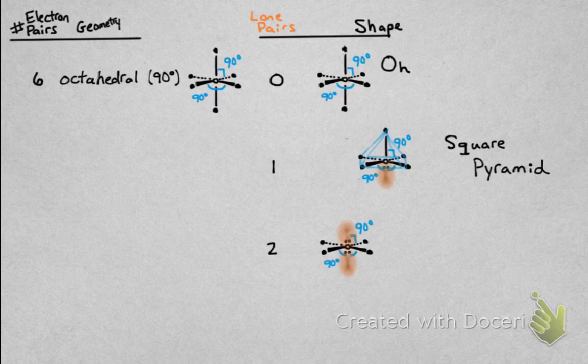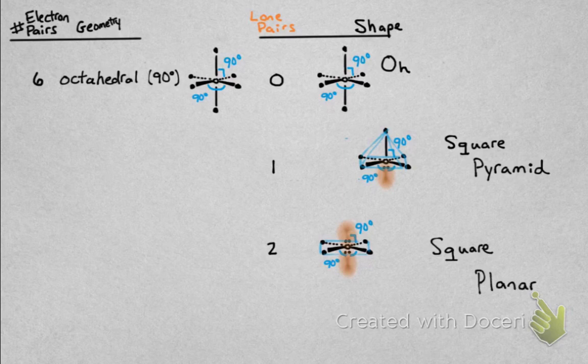So in general, with 2 lone pairs, out of our 6 total electron pairs on the central atom, they'll arrange themselves in the top and bottom positions, 180 degrees apart. And this particular arrangement is called square planar.